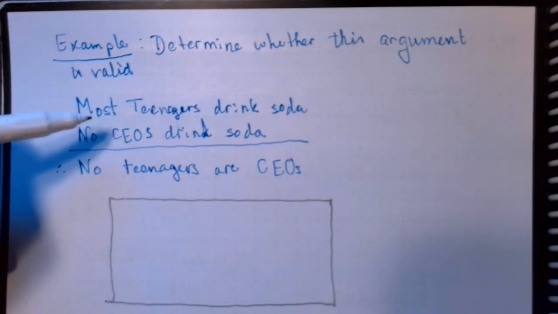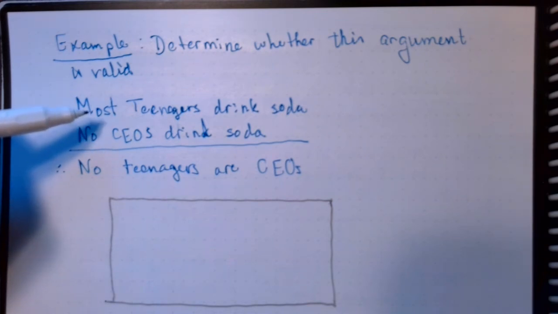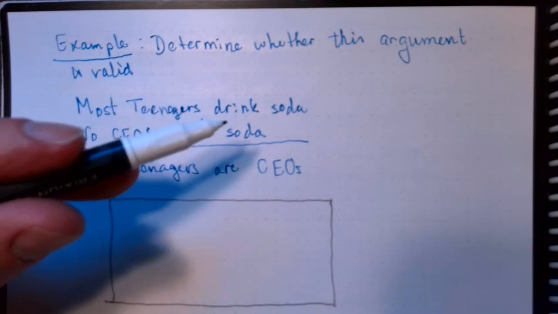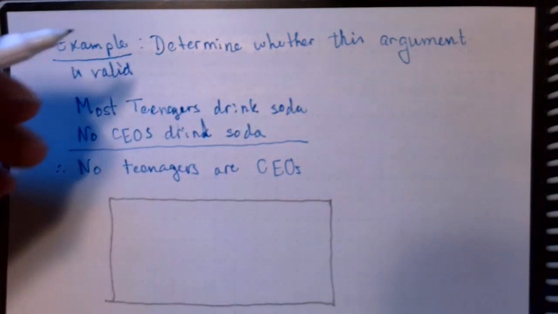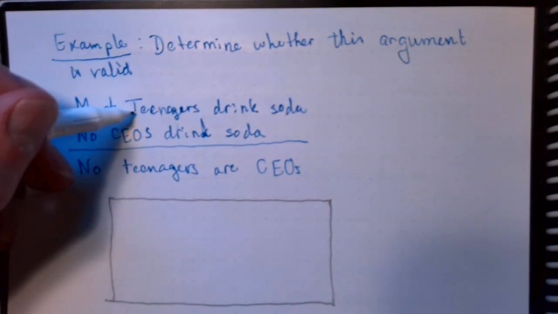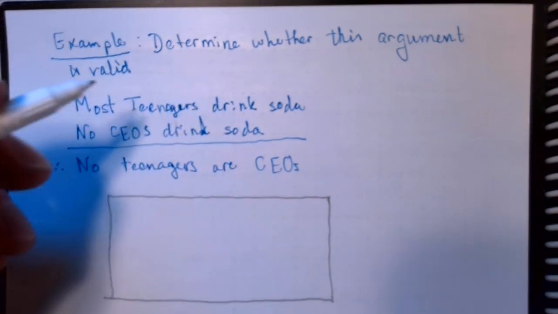Okay, so it says most teenagers drink soda. So that is saying there should be an overlap between the set of teenagers and the set of soda drinkers. Okay, there should be an overlap between the set of teenagers and the set of soda drinkers, but it should not be the case that the set of teenagers is contained inside the set of soda drinkers.